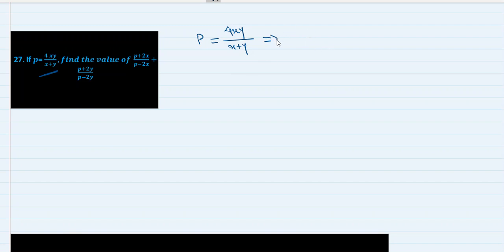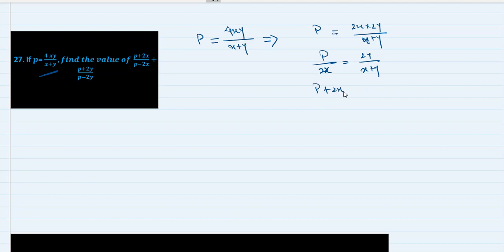Okay, can I write it as p is equal to 2x multiplied by 2y upon x plus y? And then can I write it as p by 2x is equal to 2y by x plus y? And then can I apply componendo dividendo on it? So what will it become?